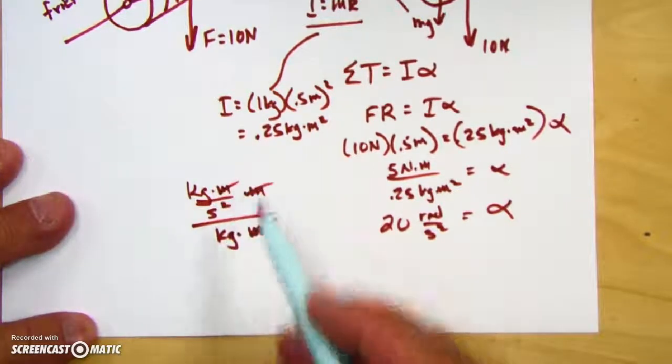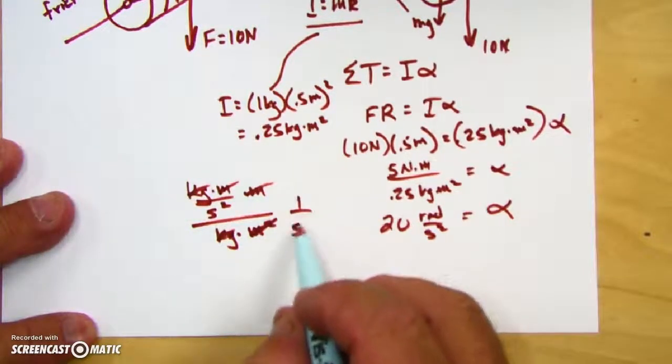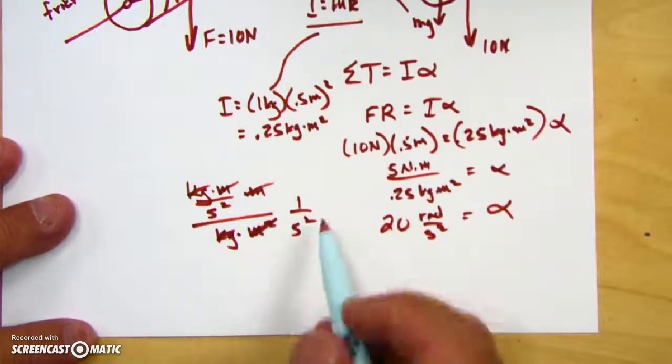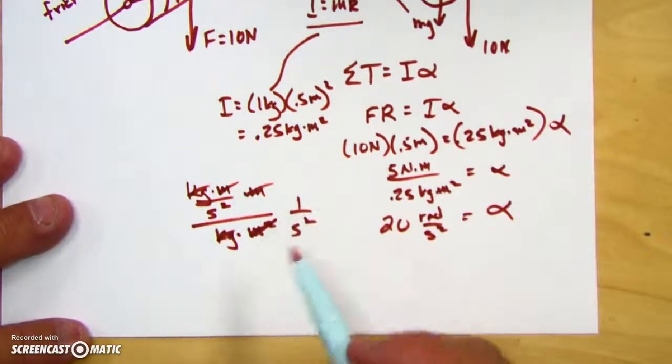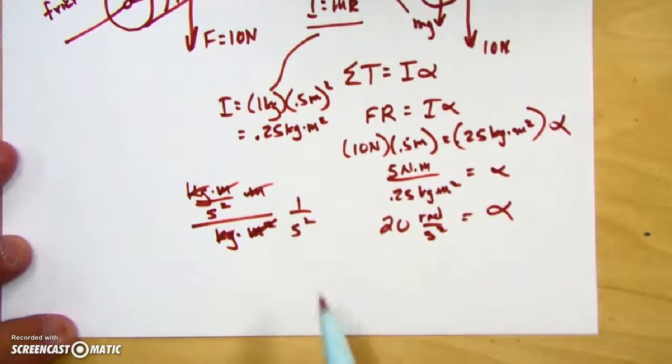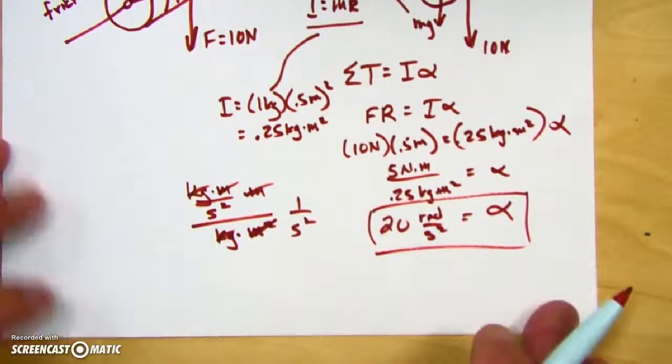So that's gone and that's gone. The kilograms cancel out with kilograms, so I'm left with 1 over s squared. And that 1 is talking about radians. Remember, it's technically not probably a true unit. It simply tells you how fast something's spinning. So that's your answer. Let's look at another simple thing you could be asked.